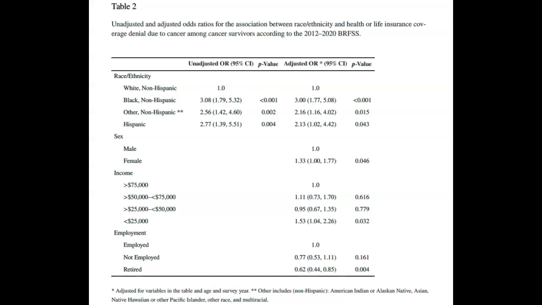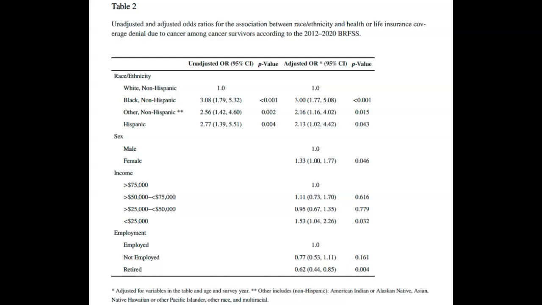And if I look at that last row for those who identify as Hispanic, I see that my unadjusted is 2.77, while my adjusted is 2.13. I would take that 2.77 minus 2.13 divided by 2.13. And I would conclude that the percent change is a lot higher than 10%.